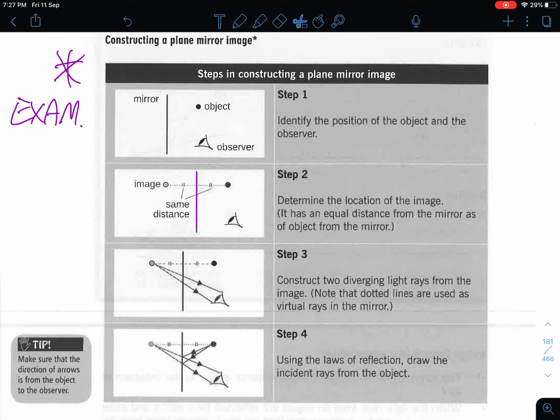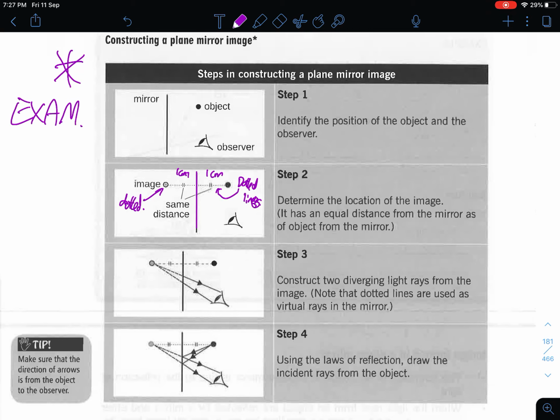Let's say the distance of the object to the plane mirror is 1 cm, it should also be 1 cm from the image to the plane mirror. These two must be dotted lines, as solid lines are only drawn for actual light rays. The image should also be dotted, as this is virtual.